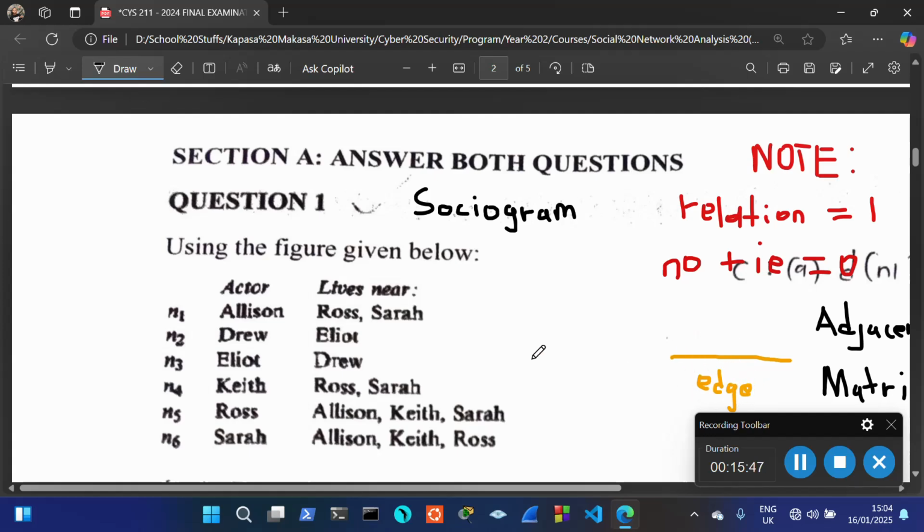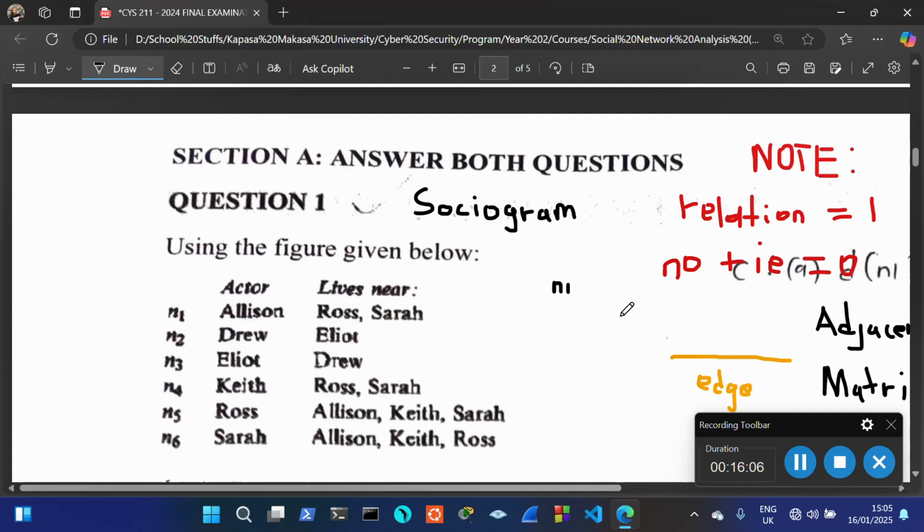So let's start. We have actors such as N1 going all the way to N6. Let's represent that first. Here we have N1 as our actor.